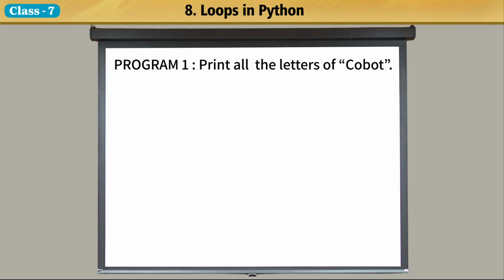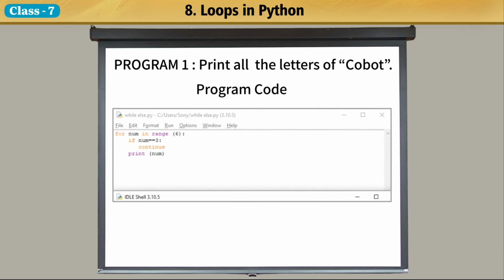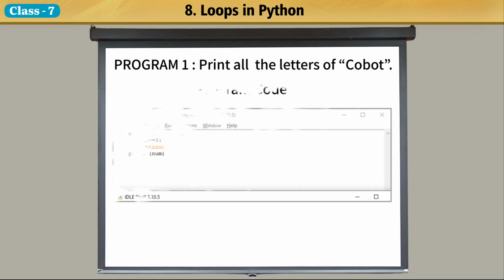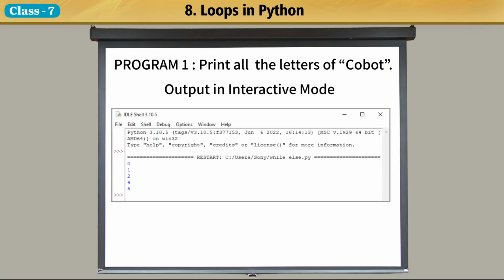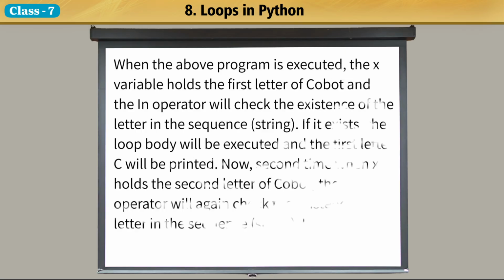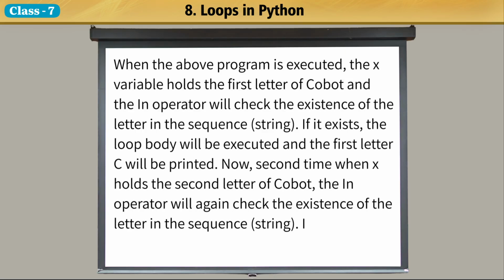Program 1. Print all the letters of cobot. Program code. Output in interactive mode. When the above program is executed, the variable x holds the first letter of cobot and the in operator will check the existence of the letter in the sequence, the string.